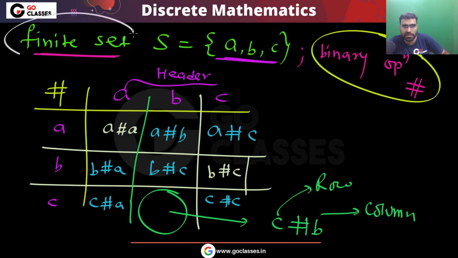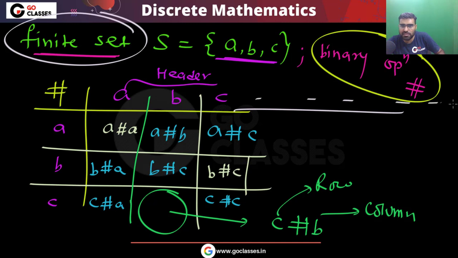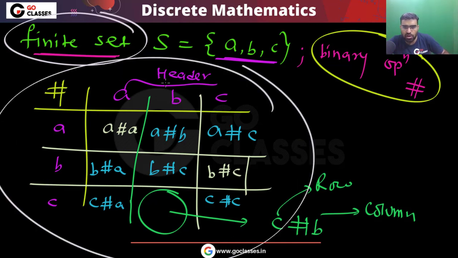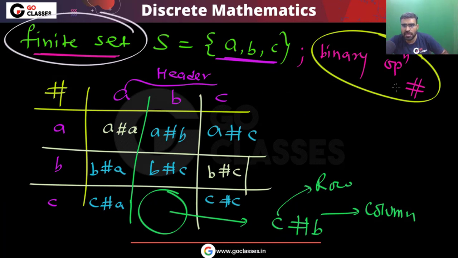Your set must be finite, because if you have an infinite set, then your Cayley table will just be infinite. It will just keep going on. This table representation is also called an operation table. This is also called a multiplication table, even though this operation need not be multiplication.